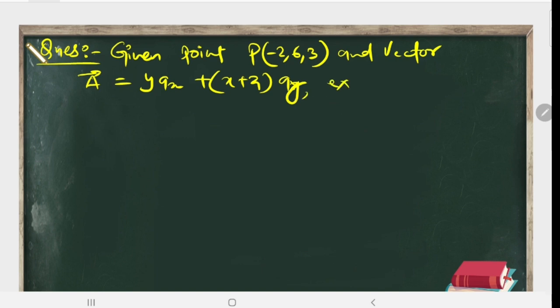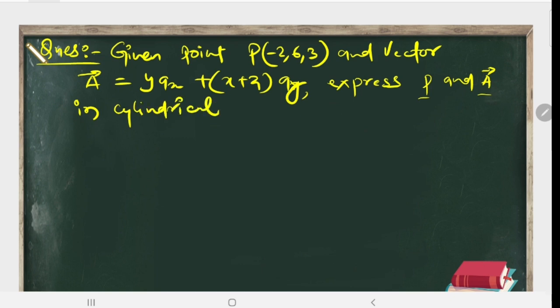Since this vector and point are represented in the Cartesian coordinate system, we have to express point P and vector A in the cylindrical coordinate system and the spherical coordinate system.